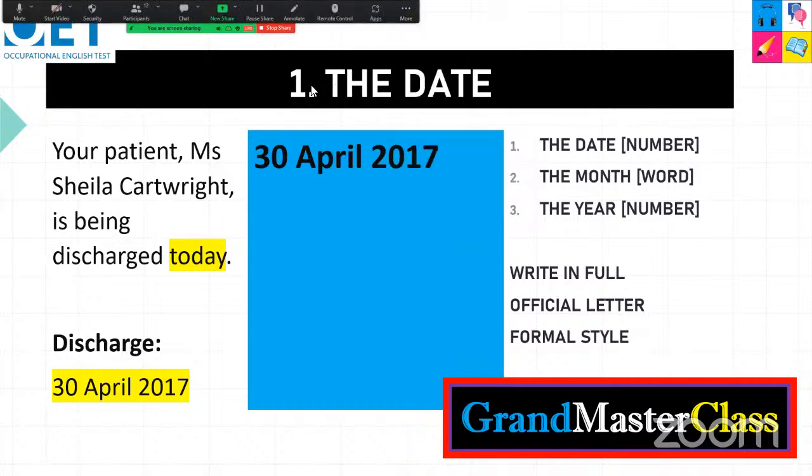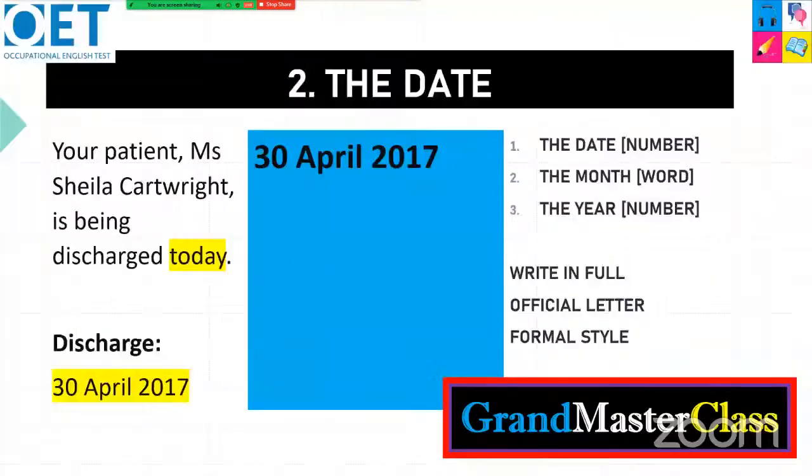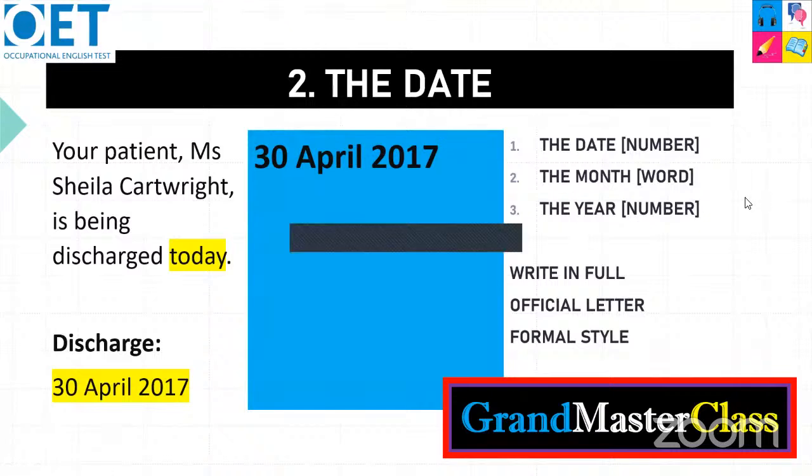So this is the second one. Component number 2. Okay. Component number 2 is the date. So don't try to change anything from this pattern, because it is a standard.